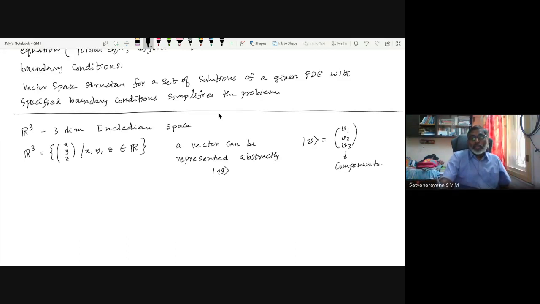You can write a vector in terms of its components once you choose a basis, a chosen basis.